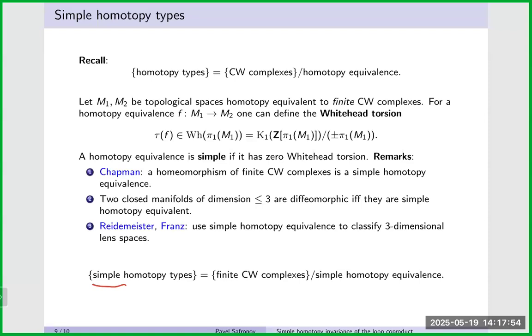Okay, and so what is simple homotopy equivalence is the following gadget. If you have two finite CW complexes and you have some homotopy equivalence between them, you can define an algebraic invariant of this homotopy equivalence, which is called the Whitehead torsion.